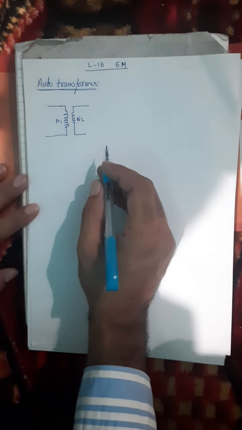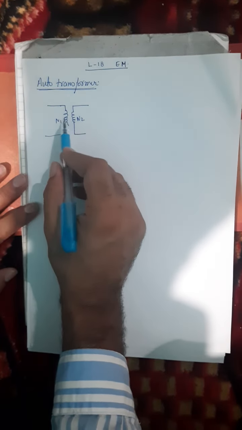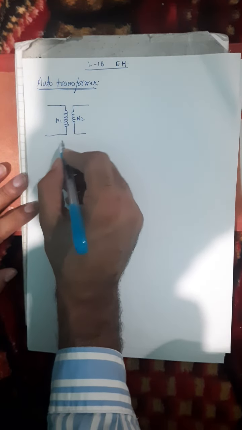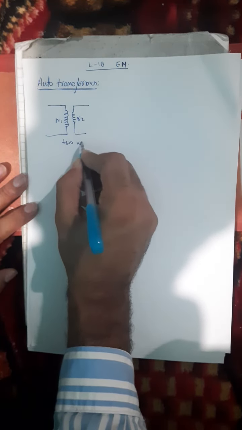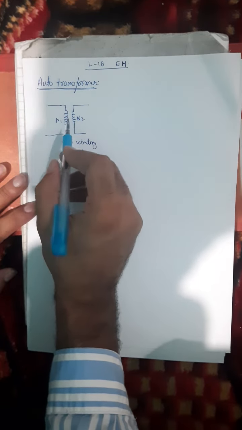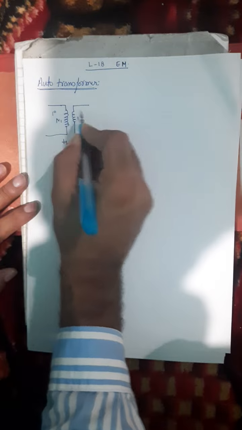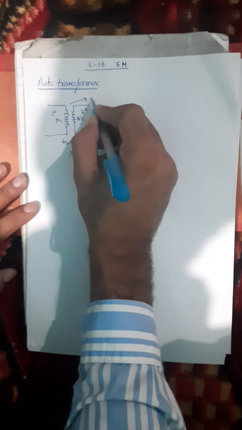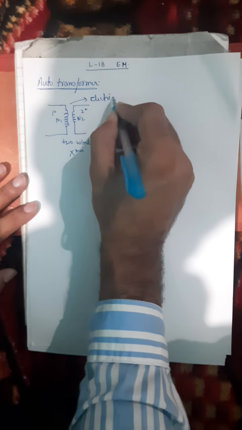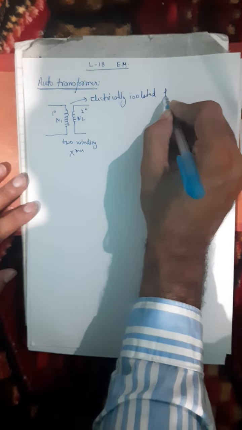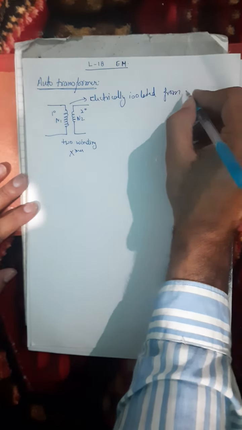However, in this case, a simple two winding transformer, you can see that both the primary and the secondary windings are electrically isolated from each other.